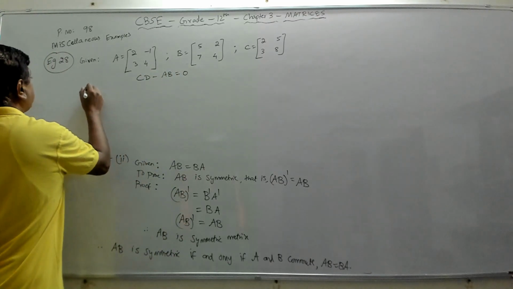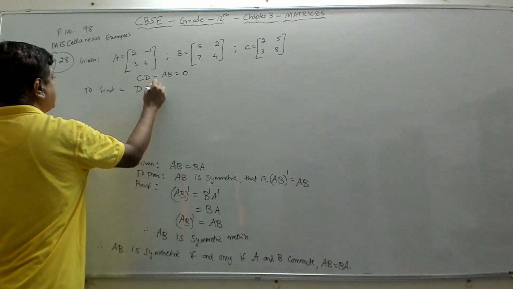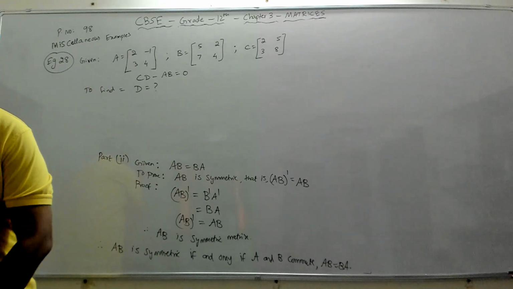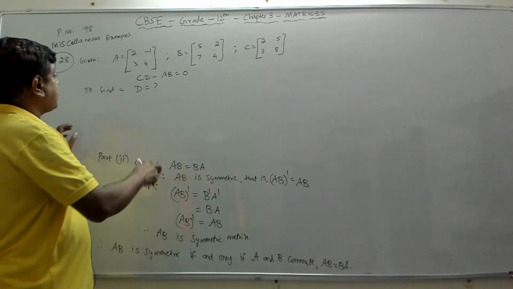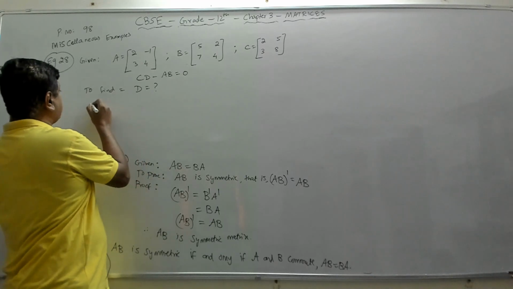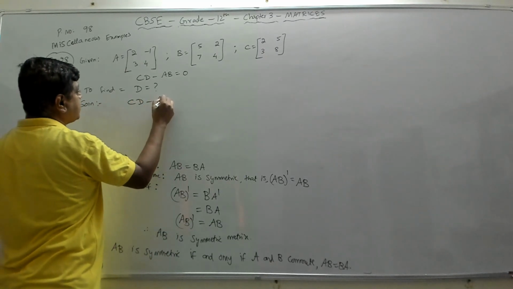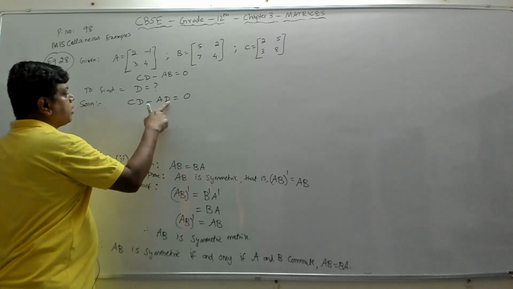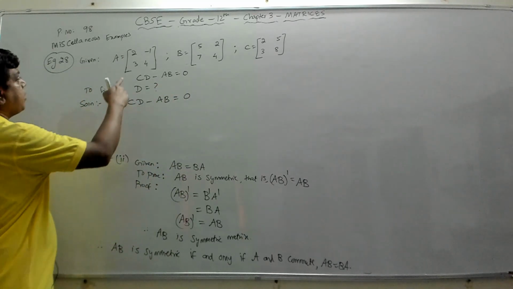What we have to find? You have to find what the D matrix is. Fine, so now let's observe this. The solution: CD minus AB equal to 0 matrix, that is given. Now what is the order of the A matrix?